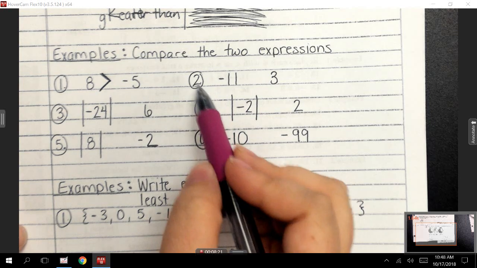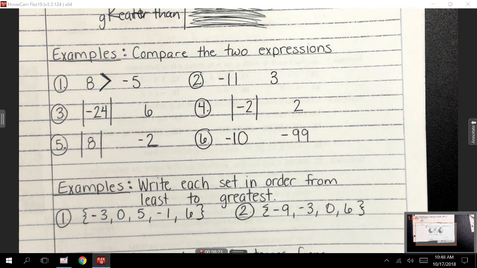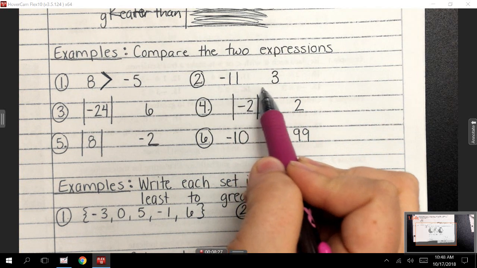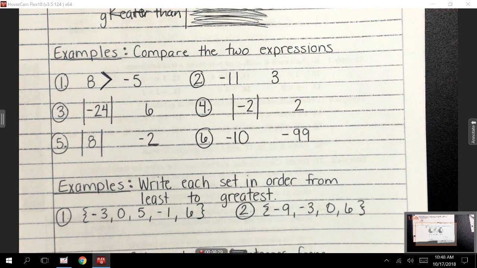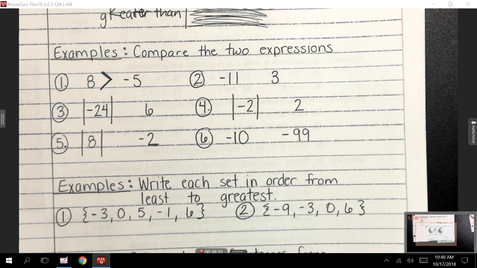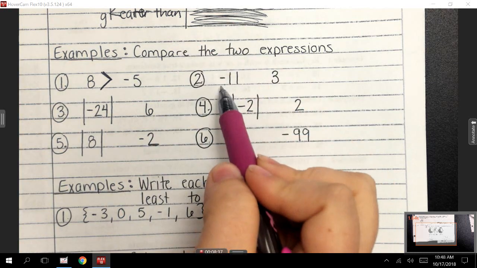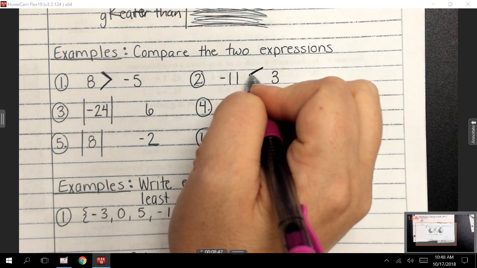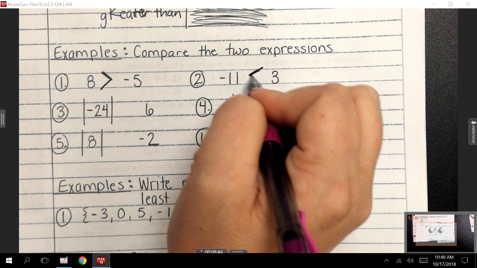Okay? All right. So number 2. I mean, 11's a big number. How does negative 11, though, relate to 3? Olivia? All right, so we would say 3 is greater than, but remember, we got to start from the very beginning. So we're going to say negative 11 is less than 3.